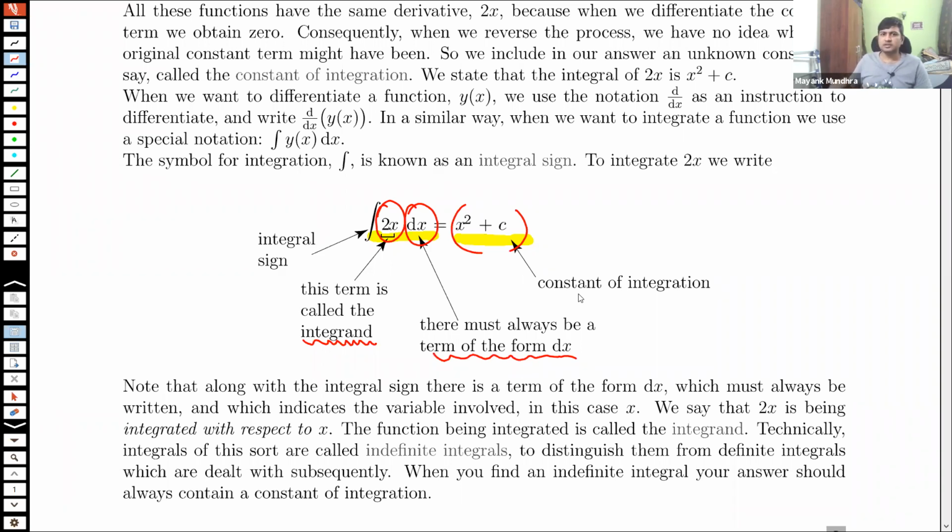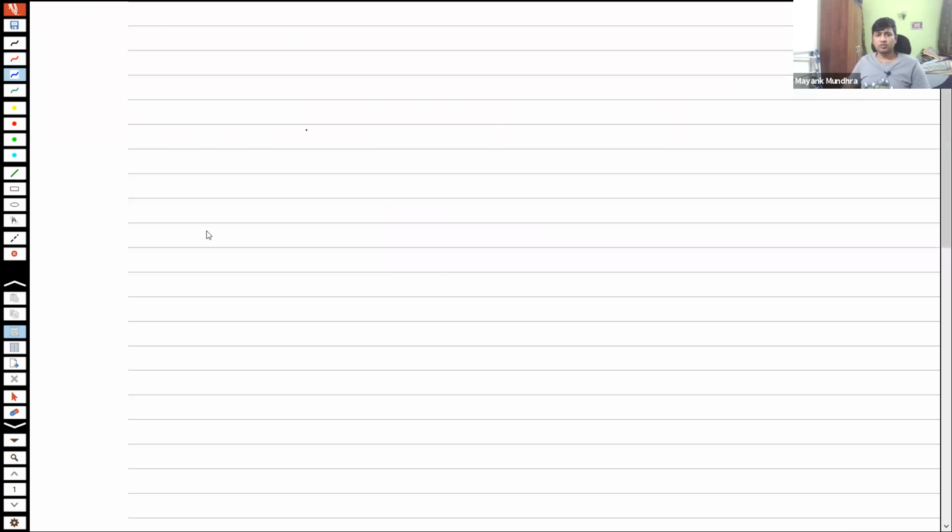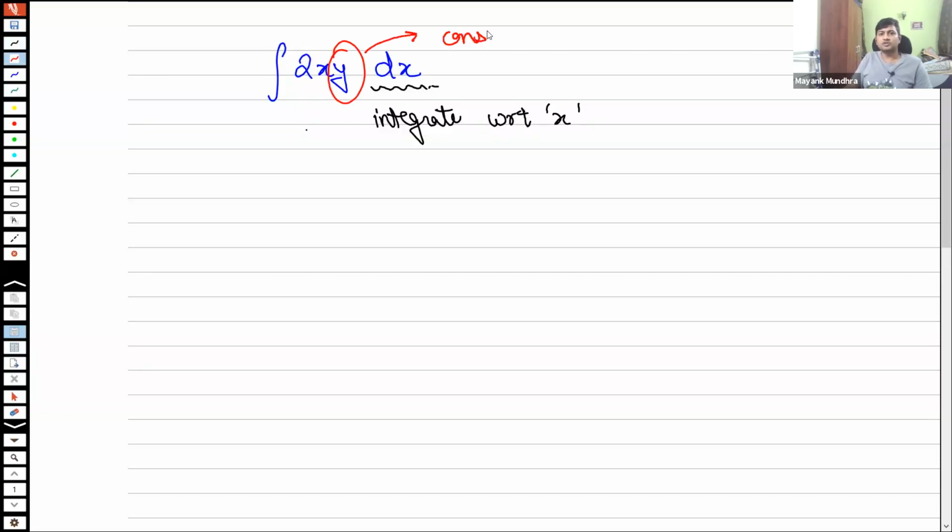Right now, everything that we are doing is single variable. We are going to change things up and move into multivariable. Suppose I write the integration of 2xy dx. When I'm doing that, I will integrate with respect to x, which means that y will be assumed to be a constant.